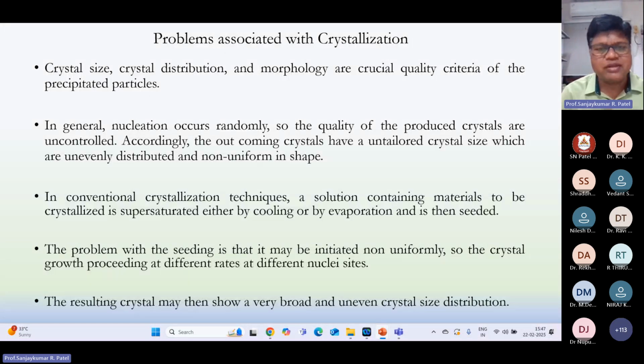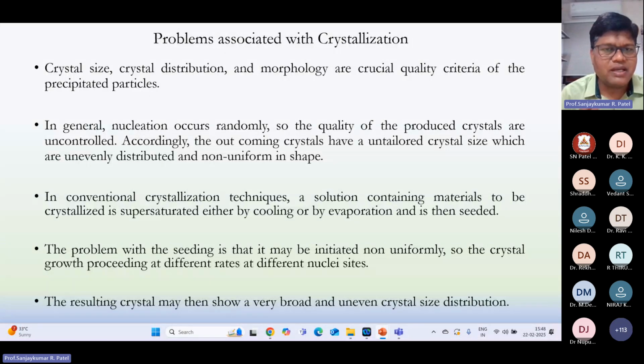So you can focus on how we can control this nuclei creation, correct? If in all locations of the solution the nuclei are created at the same time, then their growth will also occur over an equal amount of time. And therefore the ultimate size obtained from the crystallization process would be the same size.